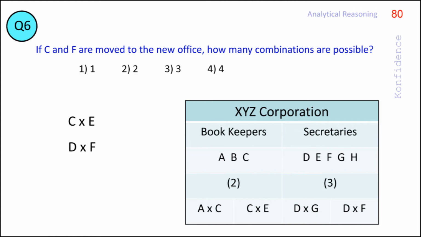Obviously, A cannot be there as C is there. Hence, only one possibility occurs. That is, B, C, F, G, H only.